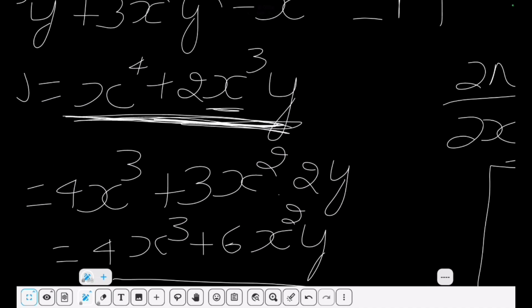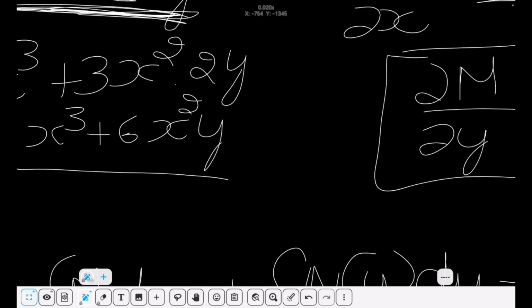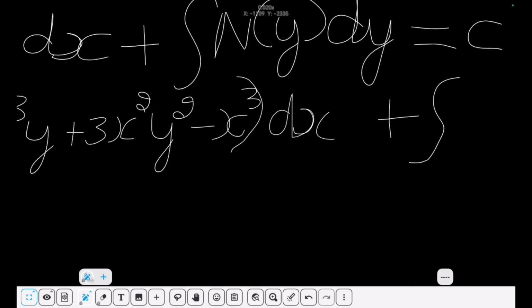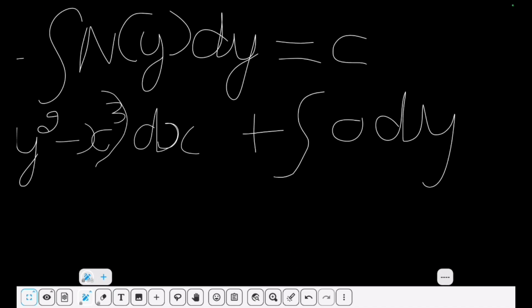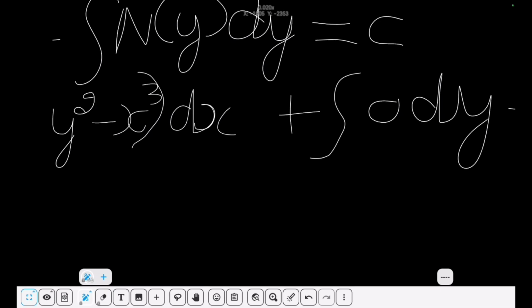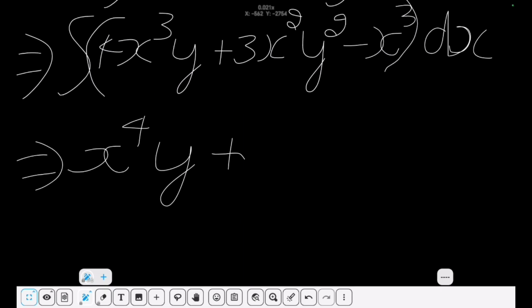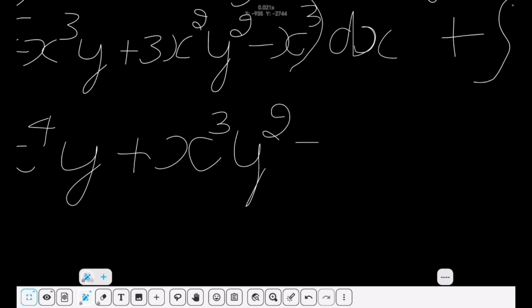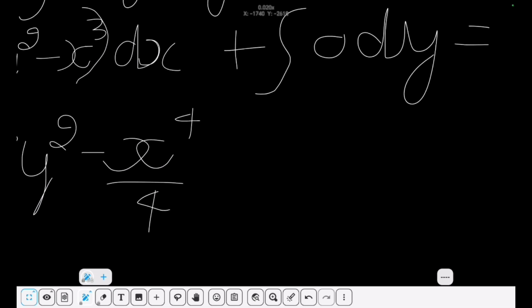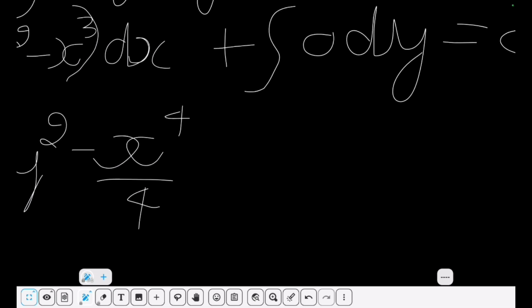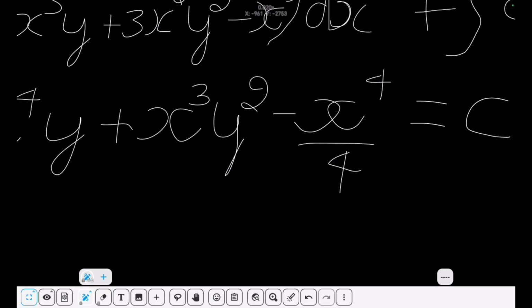We have x along with y, so we can write N of y as 0, so that equals c. Now if we integrate it, we get x⁴y + x³y² − x⁴/4 plus integration of 0 is constant itself, that equals c.